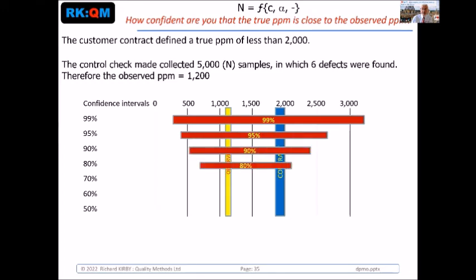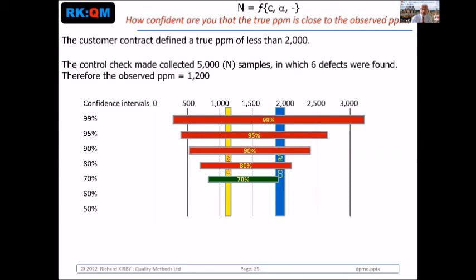We can be 95% confident that the true ppm lies between 440 and 2,600, and so on. It's only when we reduce the confidence to 70% that we can say we now know the true ppm conforms with the contract.